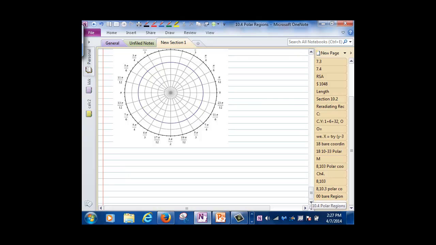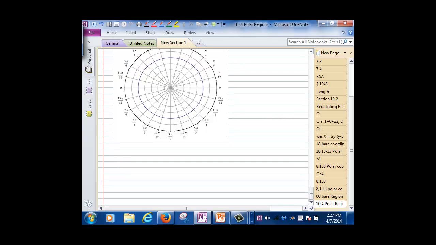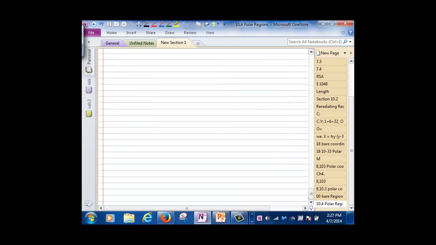So my next question is, find the area of one loop of the curve.